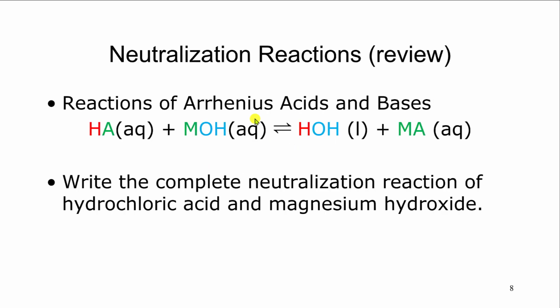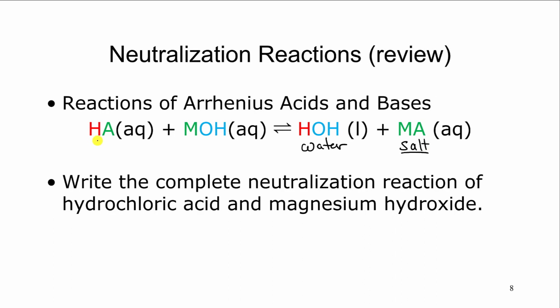So when an acid and a base react with each other, that's known as a neutralization reaction. And the products, when we're looking at the Arrhenius definition at least, are always water and a salt. The technical name for the ionic compound that's produced from an acid-base reaction is a salt.